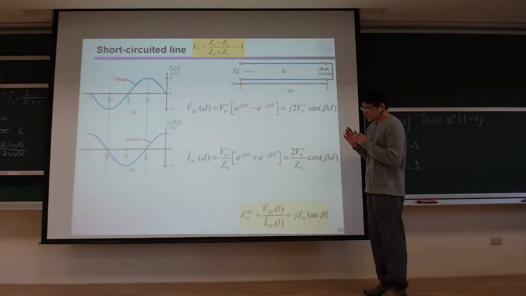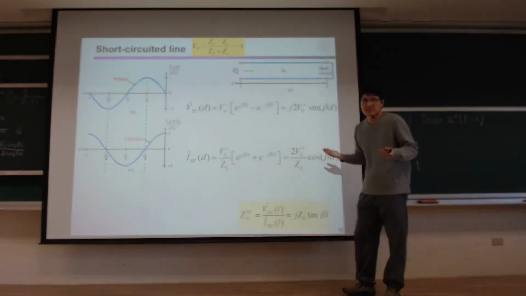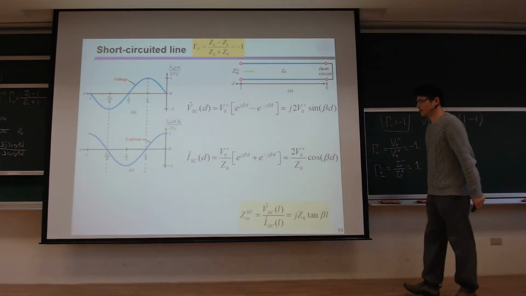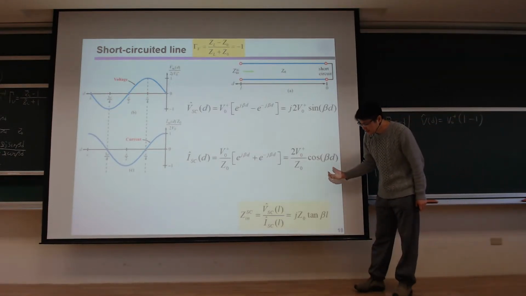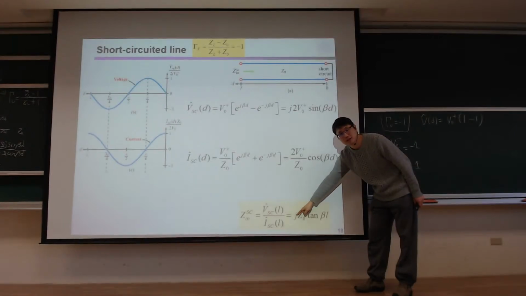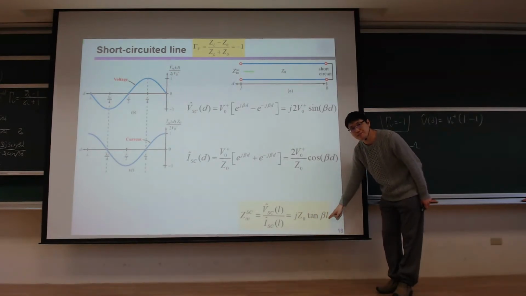So when we short circuit the transmission line, and I can walk back freely for a distance of L or D, my wave impedance in this case is purely imaginary. And it oscillates as a function of tangent beta L.